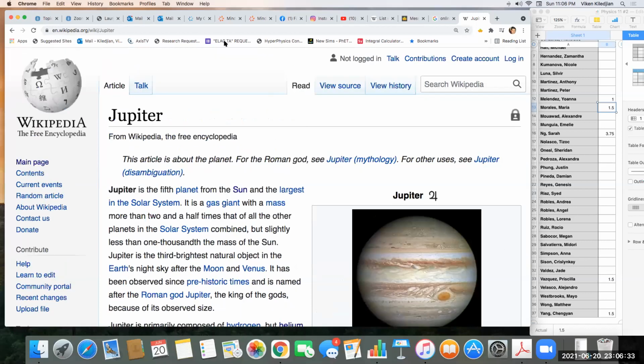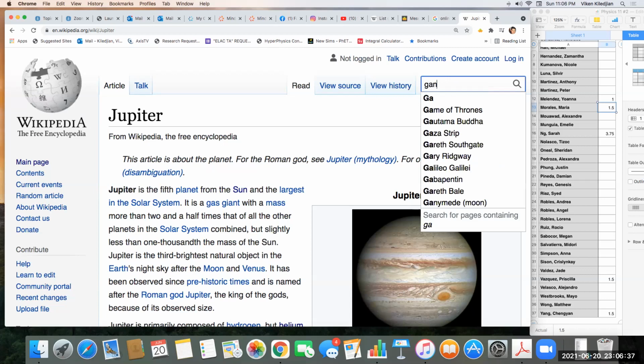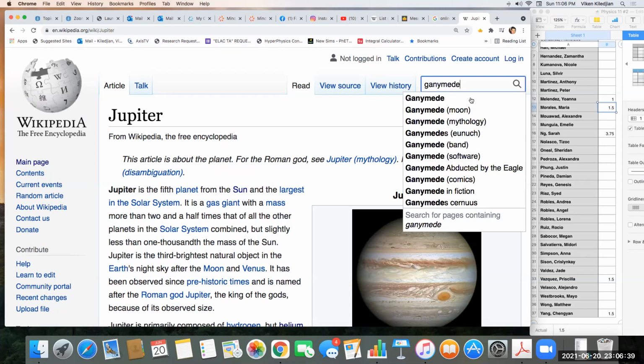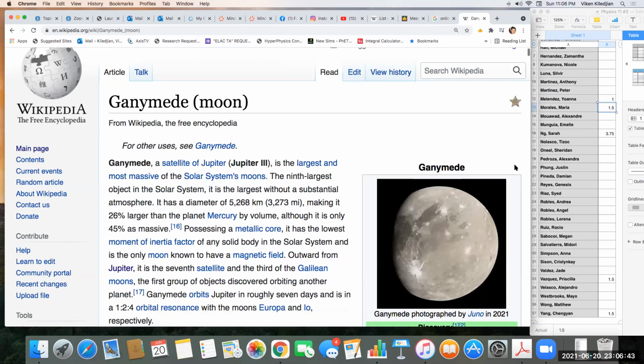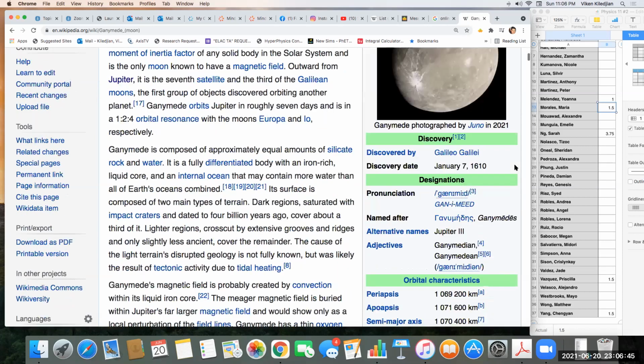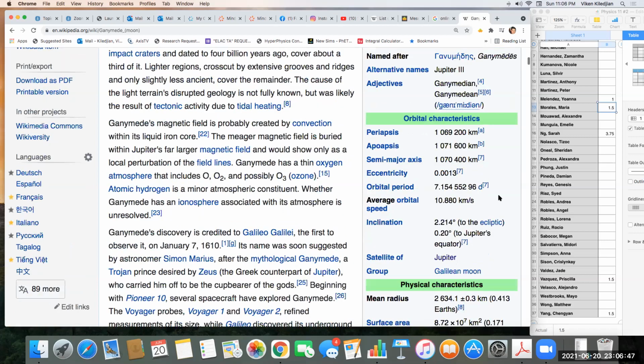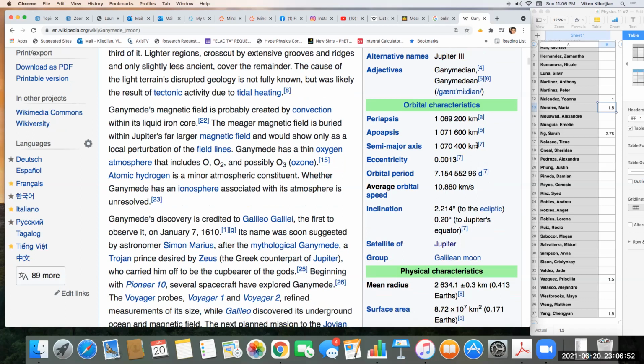Let's say the famous moon Ganymede, which is actually the largest moon of Jupiter. This is how many kilometers it is away from Jupiter: 1070.